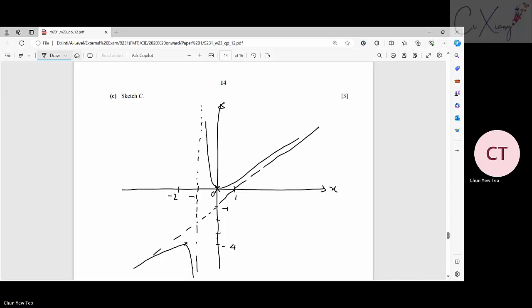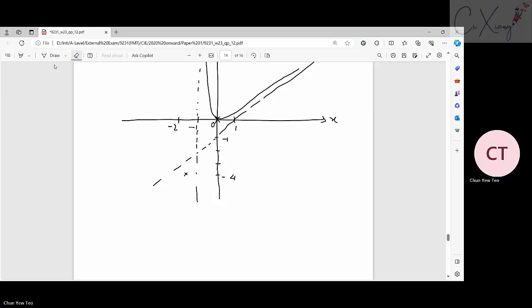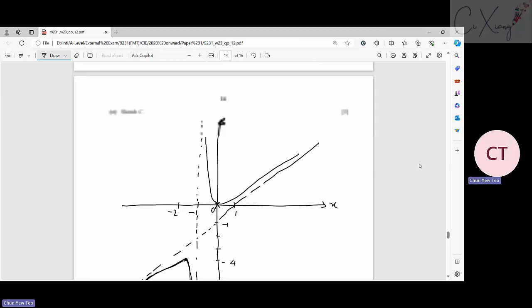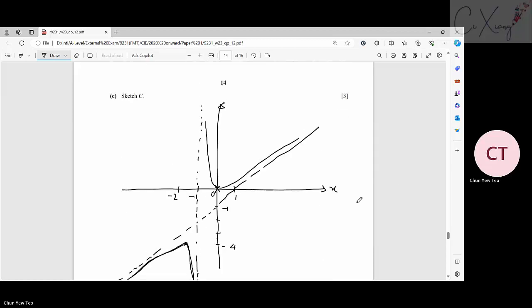The features of the asymptote need to be shown or seen clearly. So let me just extend over here like this, so that I will draw my graph. Okay, so this will be the graph for C. Done.